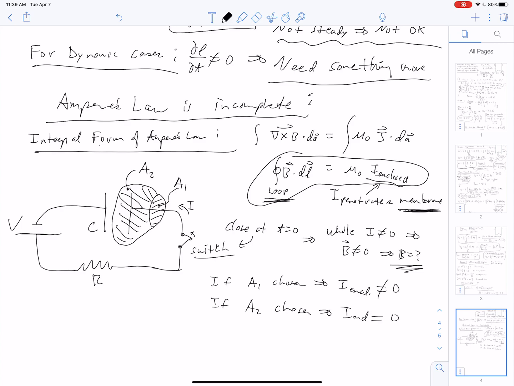So we get a different I enclosed, and so how the heck can we say the integral of B dot dl is equal to μ0 I enclosed, because the I enclosed depends on our choice of membrane, even for the same current loop. So this is really bad.